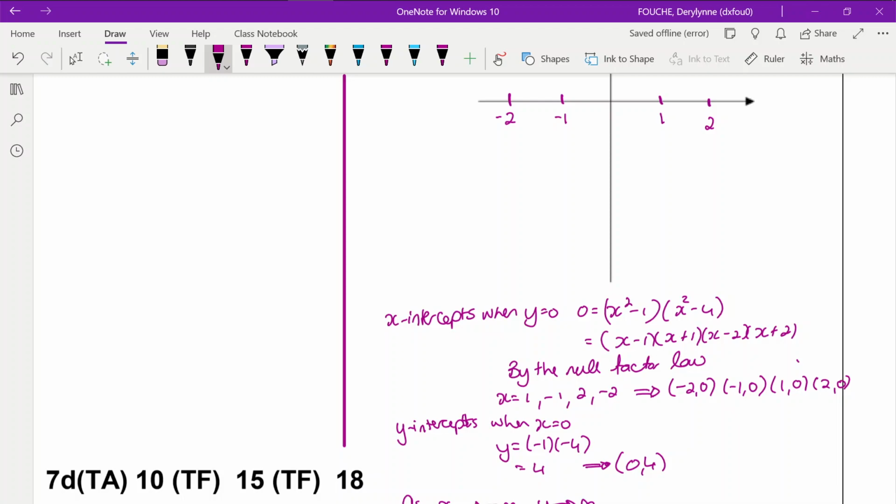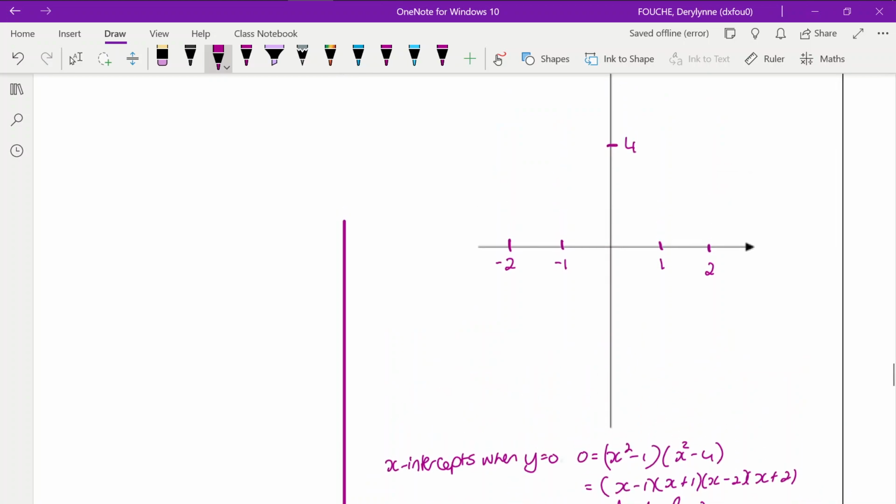If I look as x tends to positive infinity, big positive squared, very big positive, minus 1 makes no difference. Big positive squared, very big positive, minus 4, no difference, positive times positive, and y tends to positive infinity. So what that tells me is this thing begins somewhere up here and ends somewhere up here.